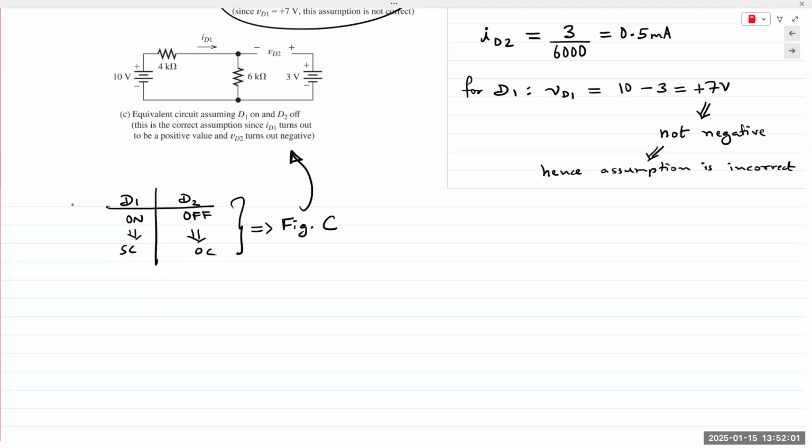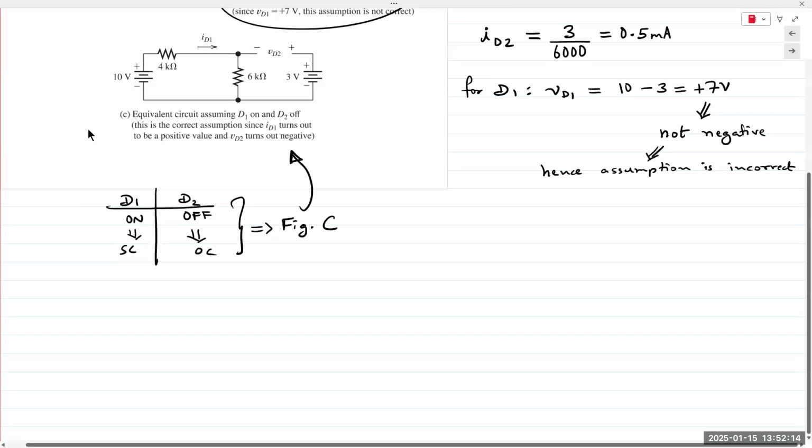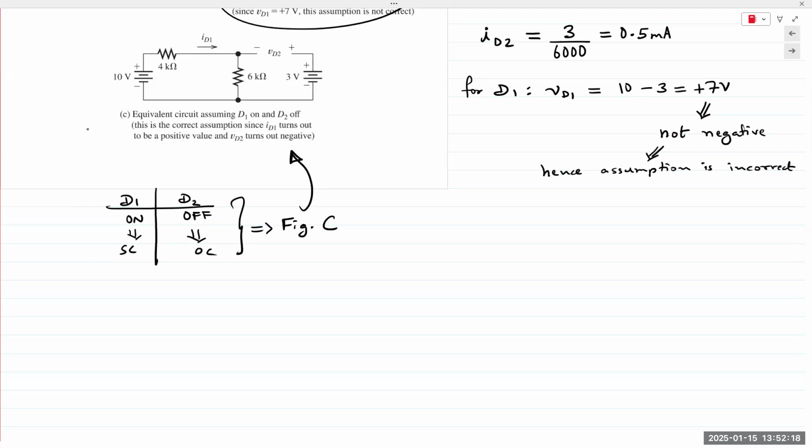Diode D1 is a short circuit, so VD1 should be equal to 0, and ID2 should be equal to 0, and VD2 should have a negative value. ID1 in this case is the straightforward quantity.